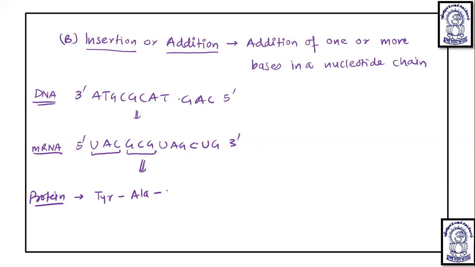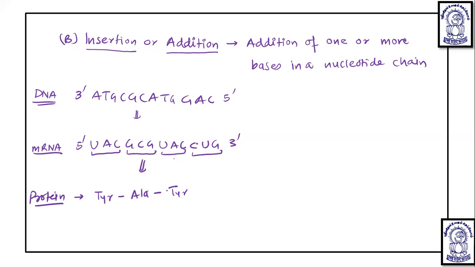So I am writing ATG. So here it can be UAC, and UAC again codes for tyrosine.